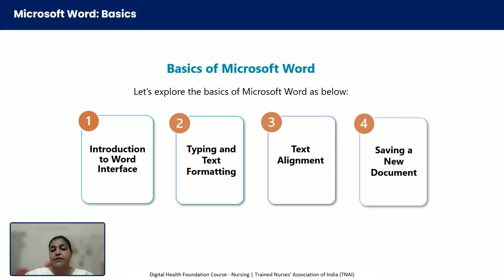Text alignment, which talks about adjusting the placement of your text to left, right, center, or justifying the text. Saving a new document, where we explore how to name, choose a file format, and save your work securely. Mastering these basics lays a strong foundation for creating professional, well structured documents.